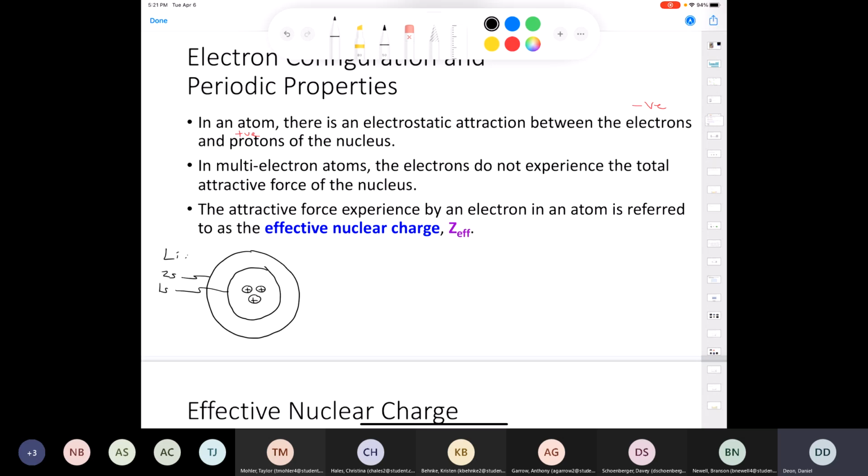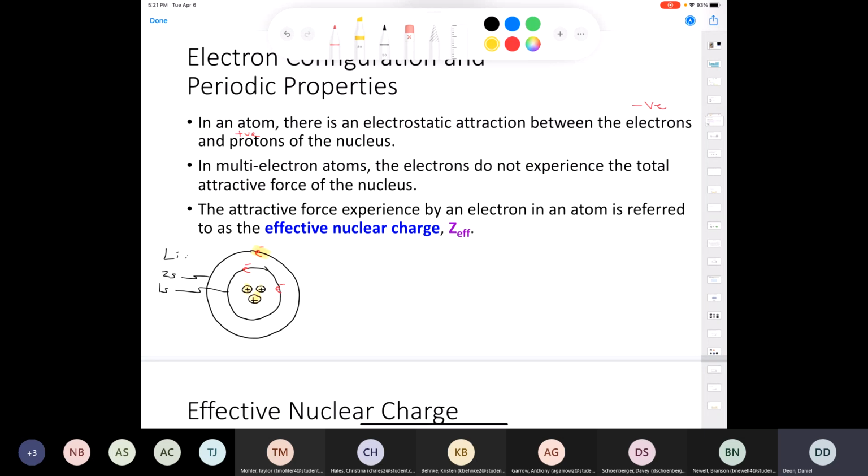In the 1s orbital, I've got 2 electrons, don't I? I've got an electron here, which is negative, and an electron here, let's say. I also have 1 electron in the 2s orbital because the electron configuration of lithium is 1s2 2s1, so I've got 1 here.